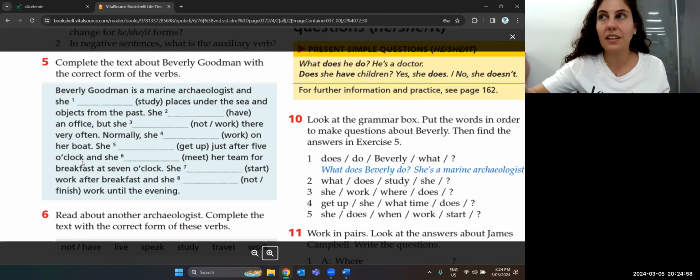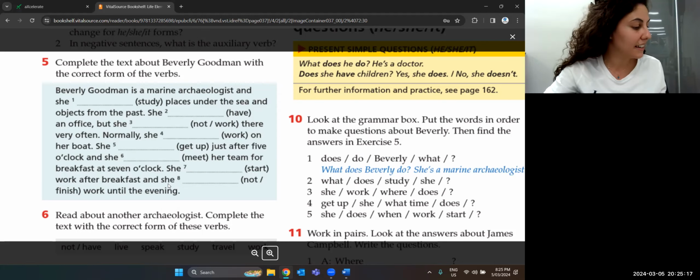That means not 5 o'clock, but a little bit after. And she meets, make sure you pronounce the S very strong. And she meets her team for breakfast at 7 o'clock. She starts work after breakfast and we need a negative, and she doesn't finish work until the evening.